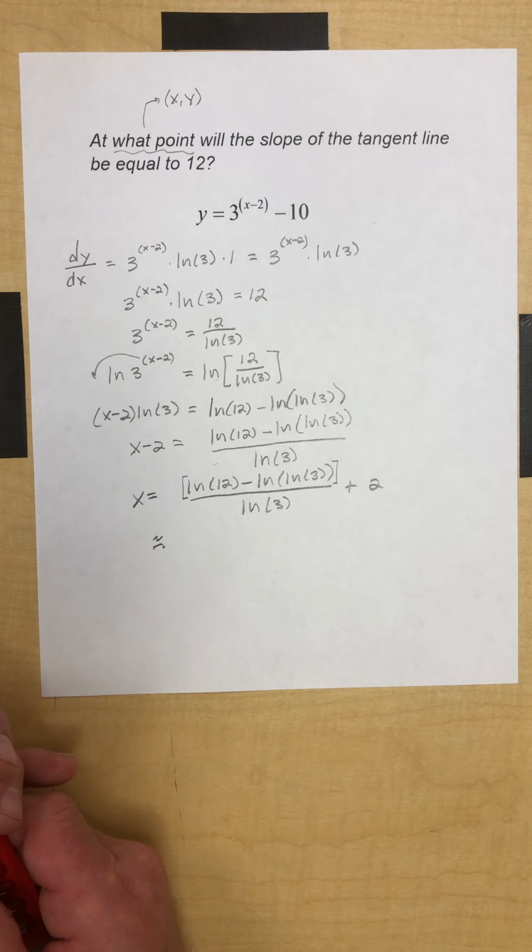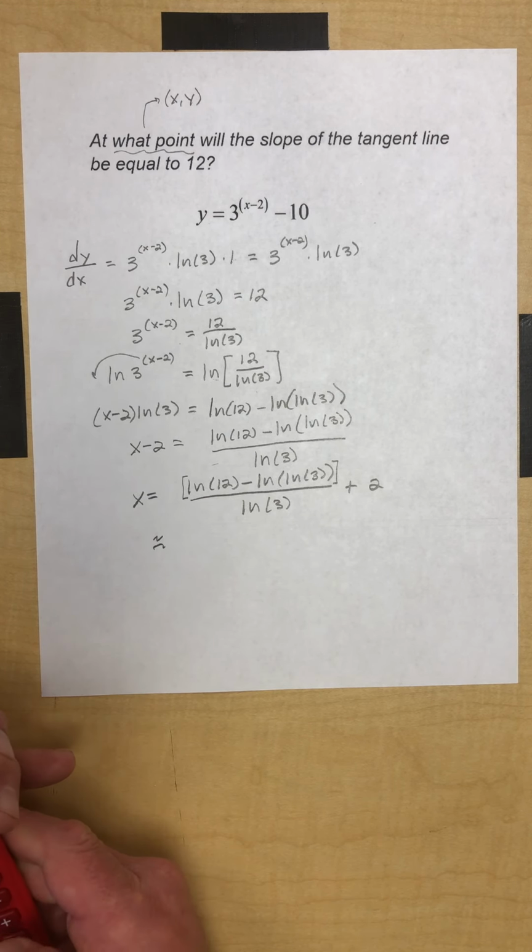So I have a grouping symbol for the 3, a grouping symbol for the natural log of 3, and then a grouping symbol to separate the numerator from the denominator. Then we say divided by the natural log of 3 and hit enter.